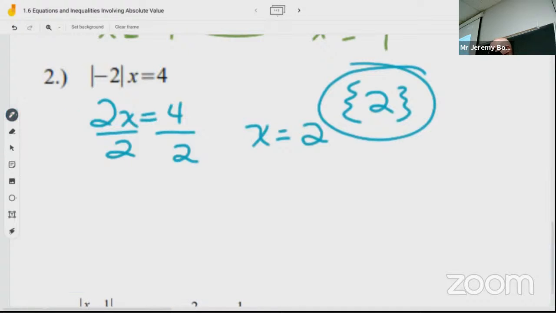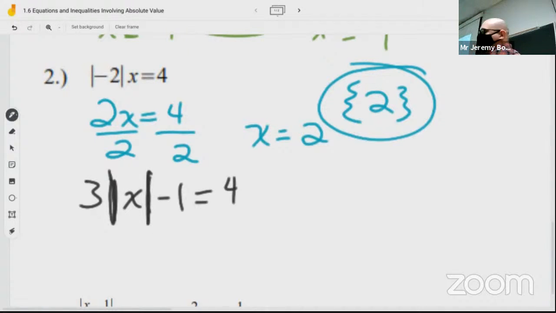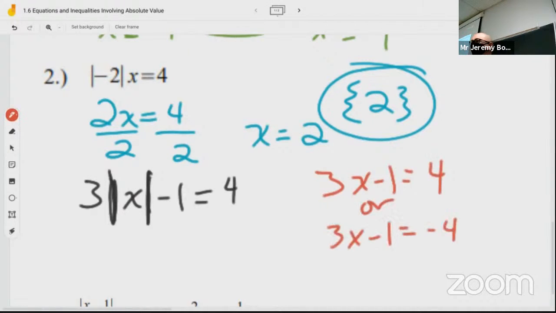I don't want to do 3 yet. Don't make it a whole problem. What if we have, let's say, 3 times the absolute value of x minus 1 is equal to 4. Do I want to take that immediately and say, well, that means that 3x minus 1 could equal 4, or 3x minus 1 is equal to negative 4?